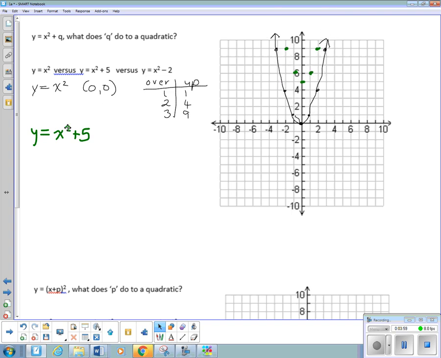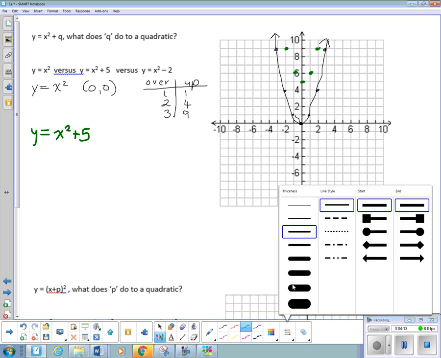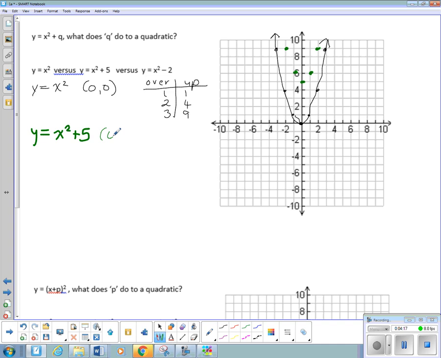So all that doing y equals x squared plus 5 did is move the whole graph up 5 spaces. So in a sense, what really happened there is the vertex changed, so now it's at 0, 5.